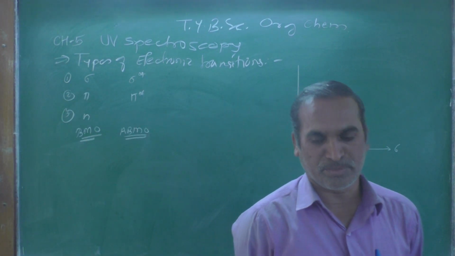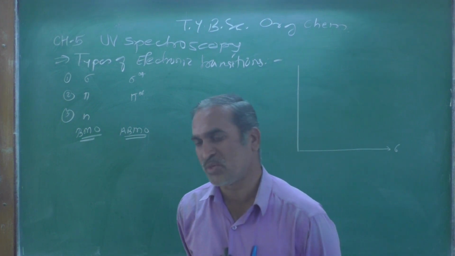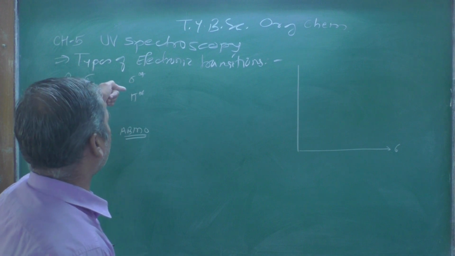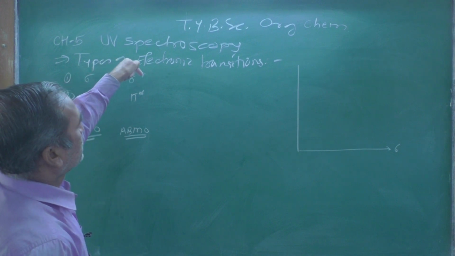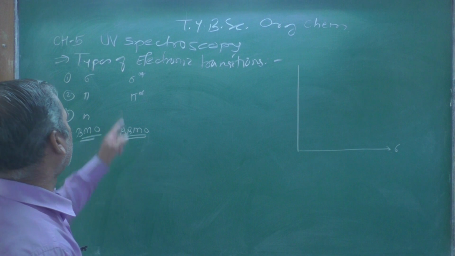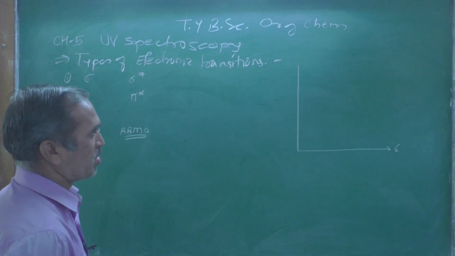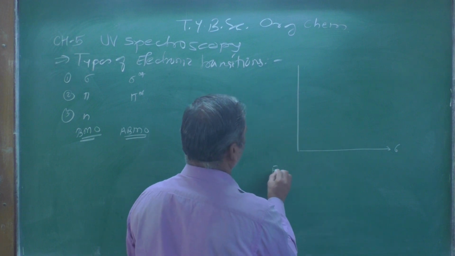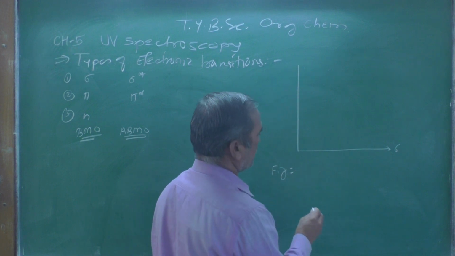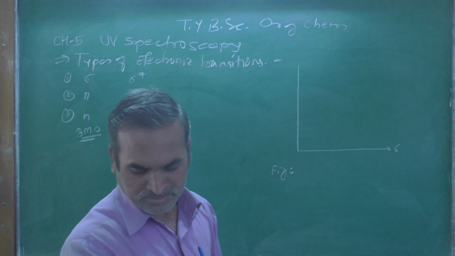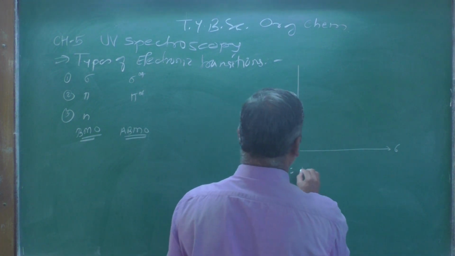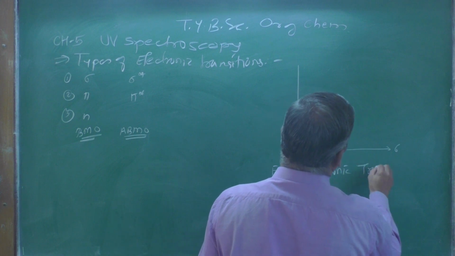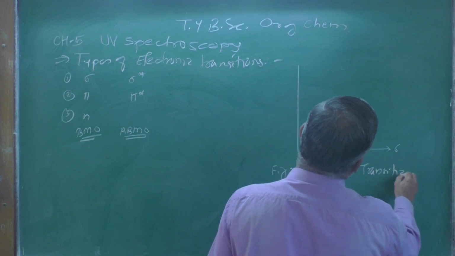The distinction between bonding electrons and anti-bonding electrons is marked by such an asterisk. Remember, this is called anti-bonding. And this figure indicates the electronic transition that is shown over here.